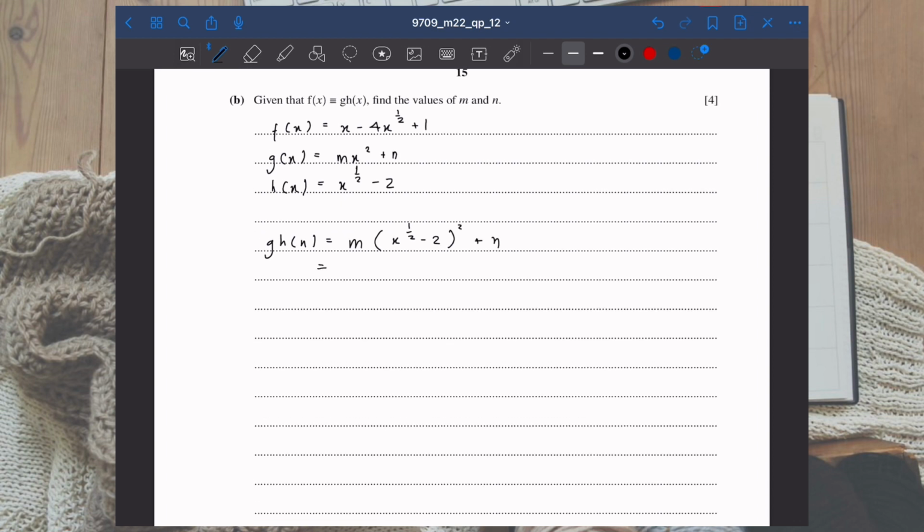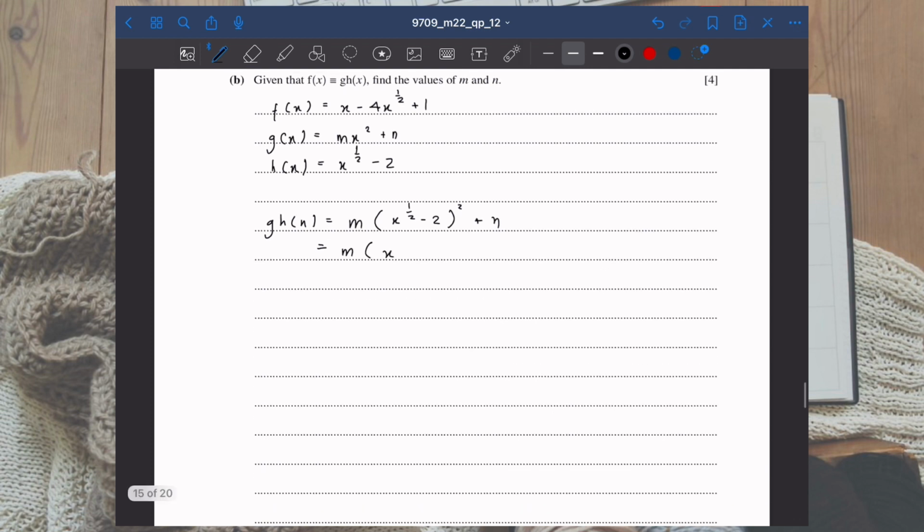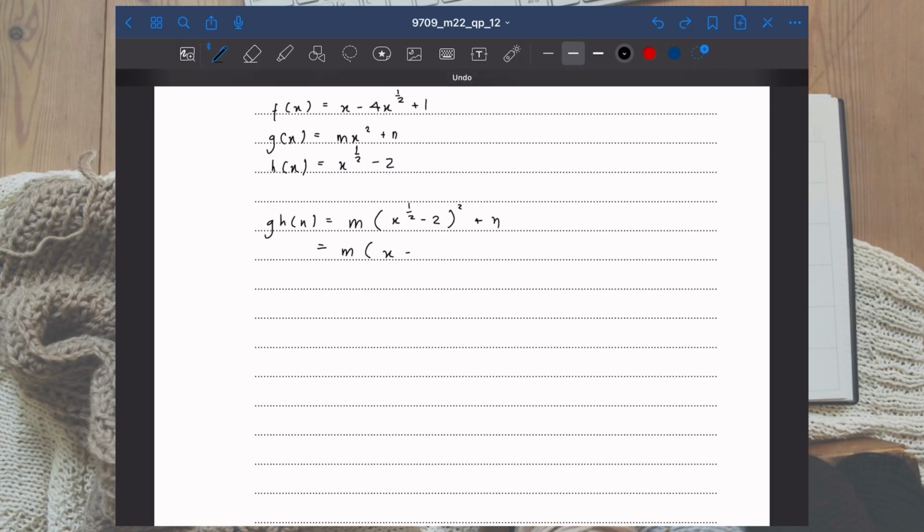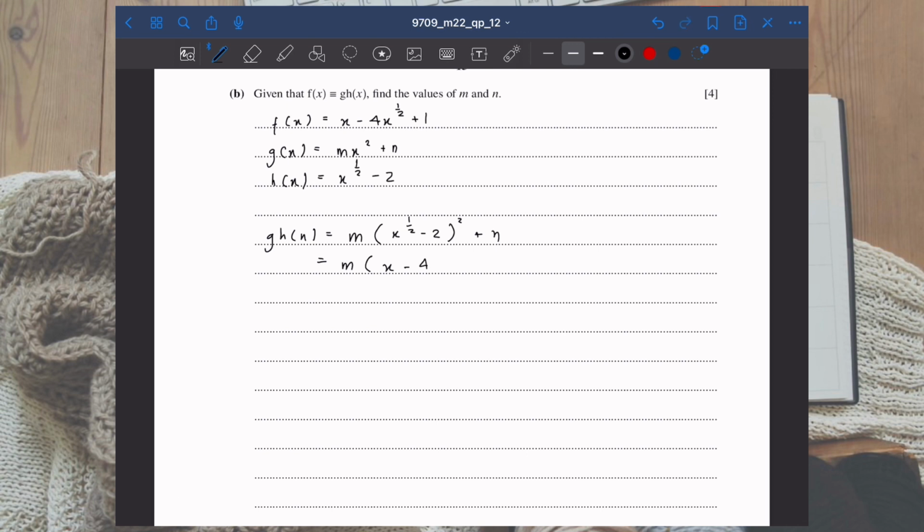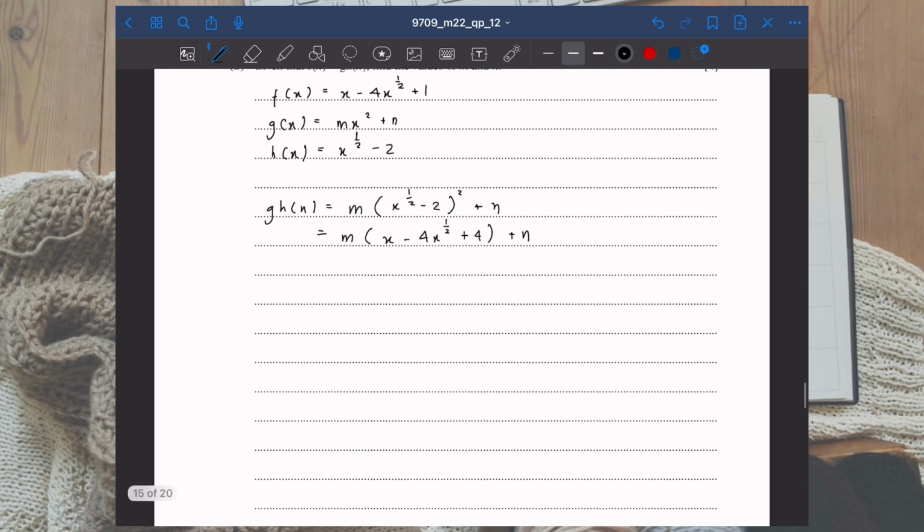So expand and simplify. We get m bracket x, expand here, you'll get x minus 4x power half plus 4, plus n.